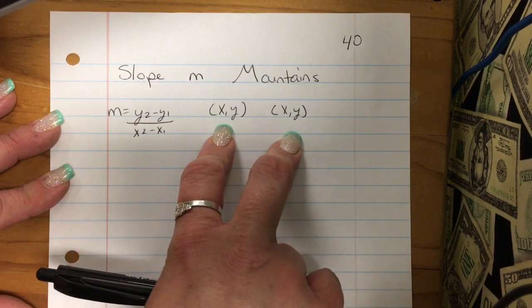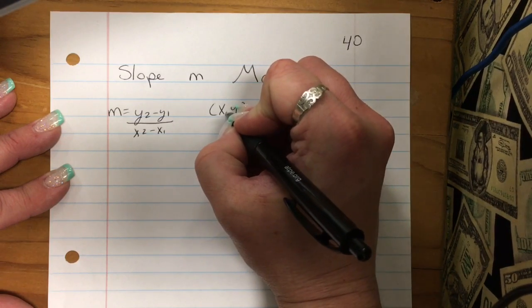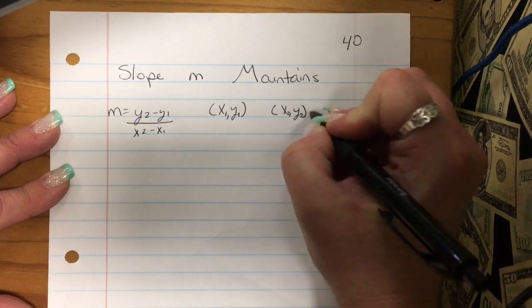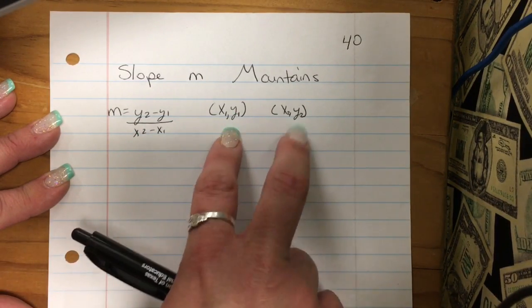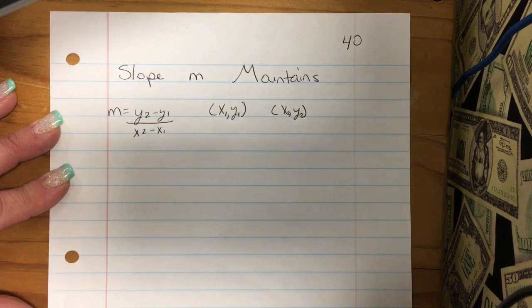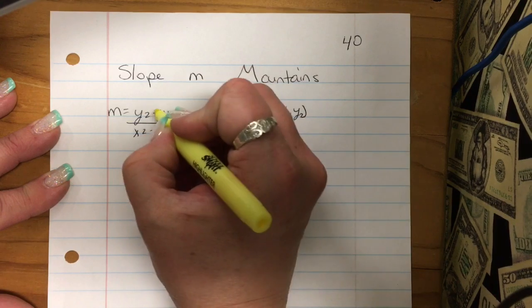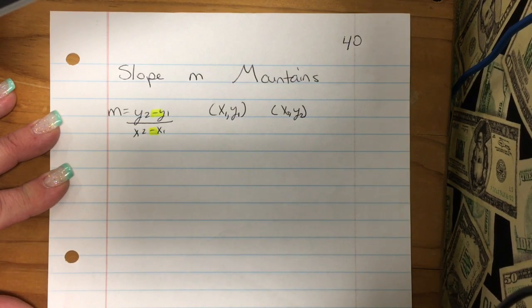To differentiate between these 2, we call one of them x1 and y1, and we call the other one x2 and y2, and that's where this comes from, because we're naming them 2 different things so we can put them in this equation. Part of the equation is this minus sign, so highlight the minus sign because it could get kind of tricky when we're subtracting negatives.